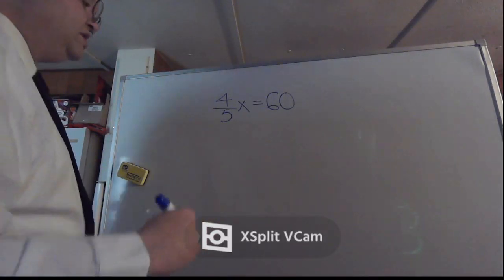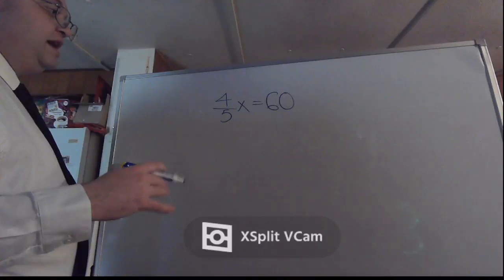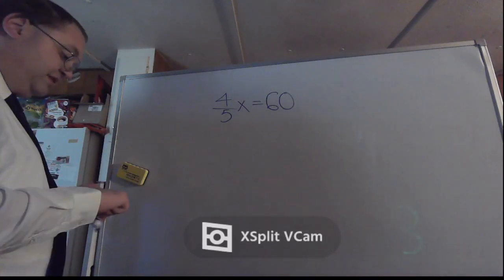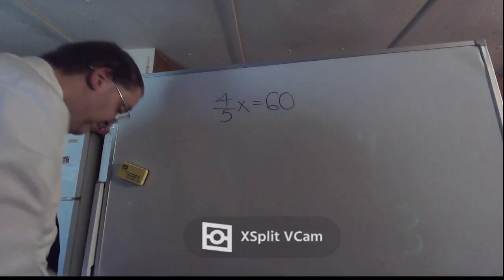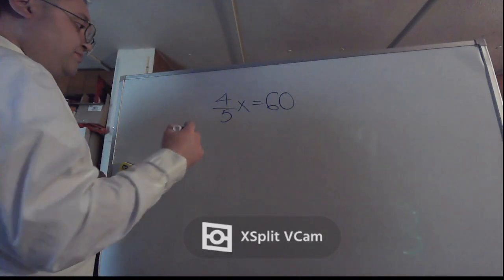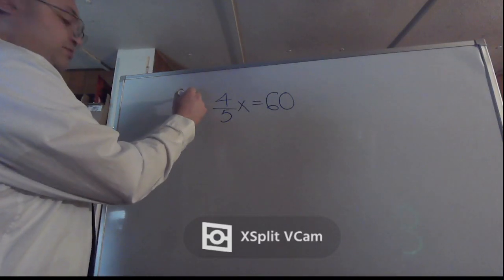So the goal is, of course, to get x by itself. How do we do that? Because we have 4/5, well, you multiply by the reciprocal. That's all you got to do. Multiply by the reciprocal.